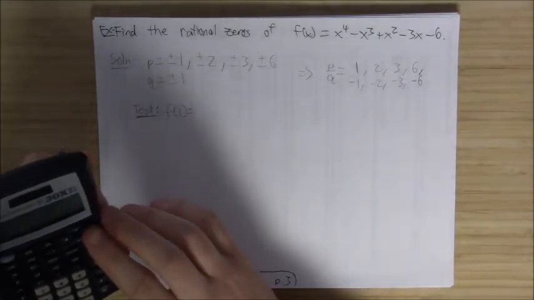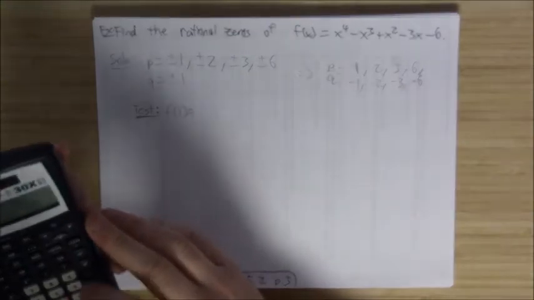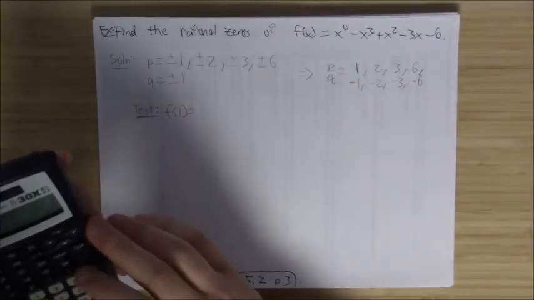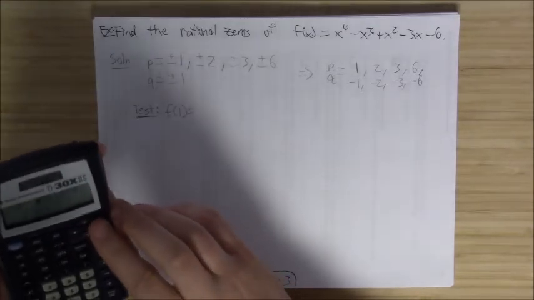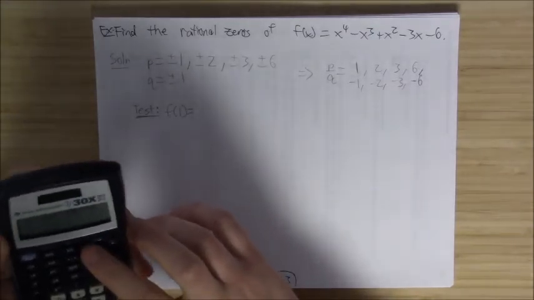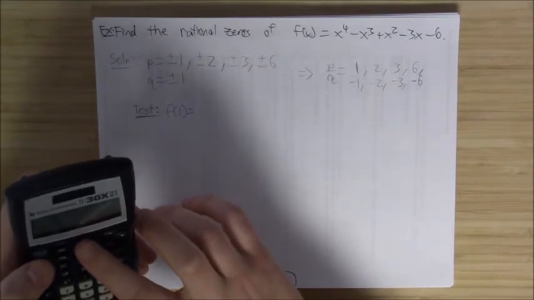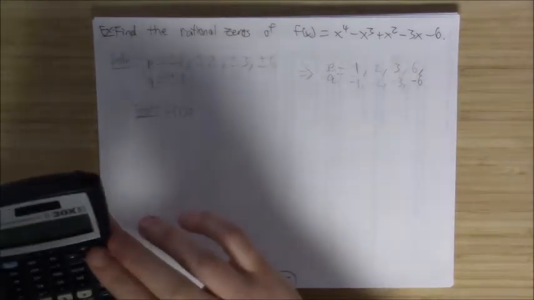1 to the 4th minus 1 cubed. Actually, I like to do the negatives first.